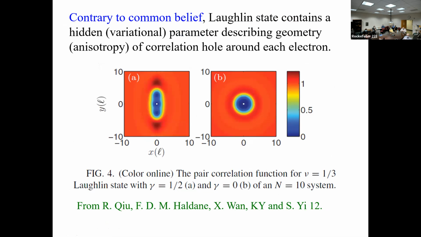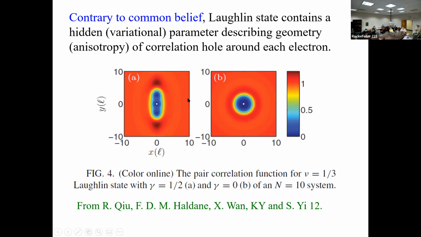It's a variational wave function without a variational parameter, but there is actually a hidden variational parameter which describes the geometry or anisotropy of this correlation hole. So we have constructed a whole family of Laughlin states, with the original Laughlin wave function being a very special member, namely the one that is completely isotropic.